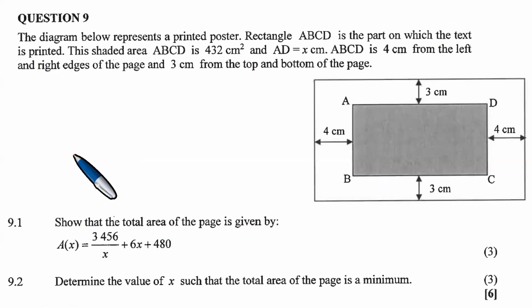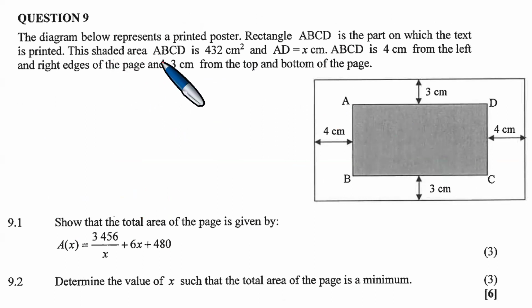Right, next we want to discuss question 9, which is very important. The diagram below represents a printed poster. Rectangle ABCD is the part on which the text is printed, the gray part.